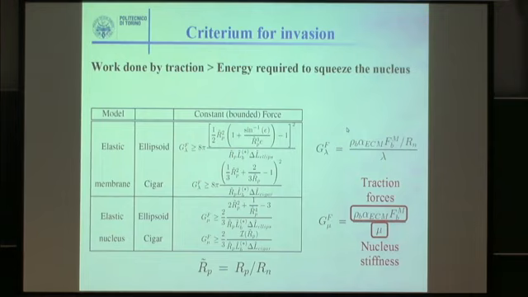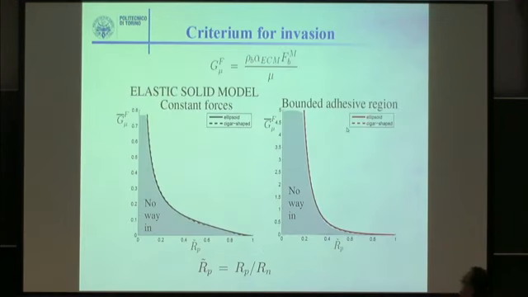Okay? So it is hard to catch the meaning of that from the formula, but let's look at the graph. For instance, this one. Okay, this is what you have. There is a relationship between geometric characteristics and mechanical characteristics, so that in this region there is no way the cell can go into the channel.